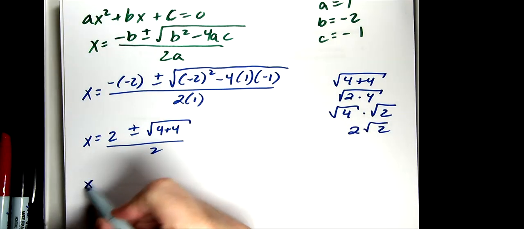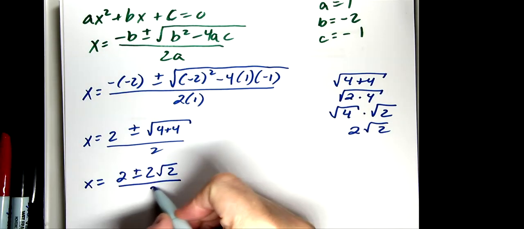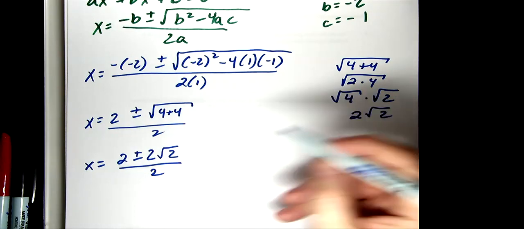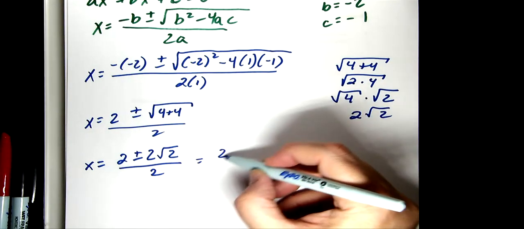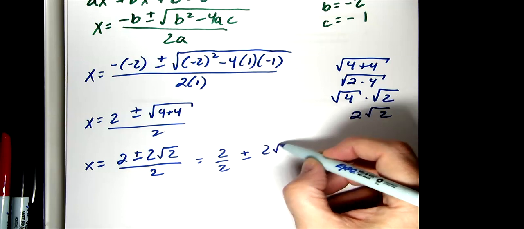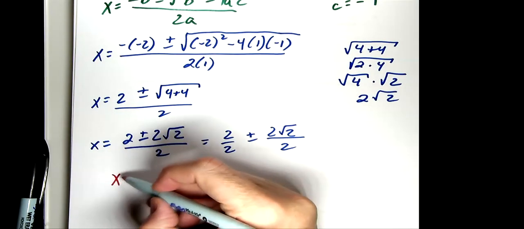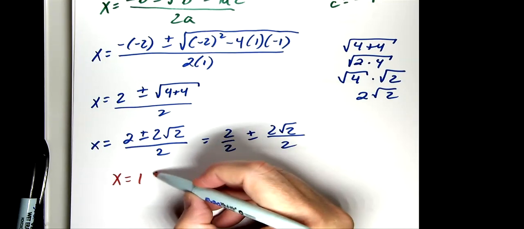So this turns into 2 plus or minus 2 square root of 2 over 2. Remember, this is two fractions. We've got 2 over 2 plus or minus 2 root 2 over 2. And I think it's a little easier to see how that simplifies. When we simplify, we get x equals 1 plus or minus the square root of 2.